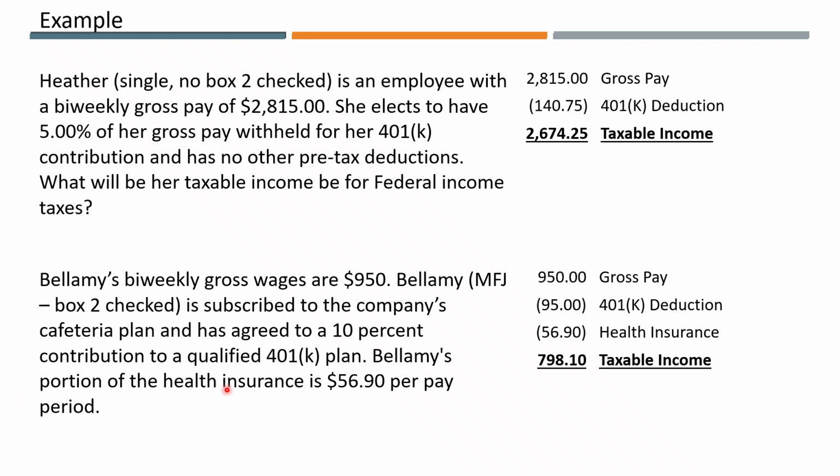So we start with the biweekly gross wages of $950 and calculate the contribution to the 401k by multiplying $950 by 10%, which is $95. We write this amount down as a pre-tax deduction, then enter the pre-tax deduction for the health insurance of $56.90. After subtracting both pre-tax deductions, we arrive at the taxable income of $798.10.